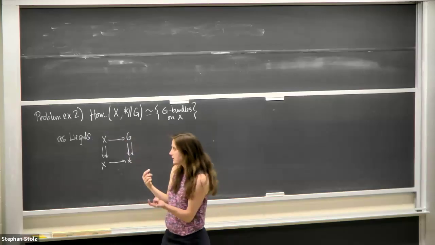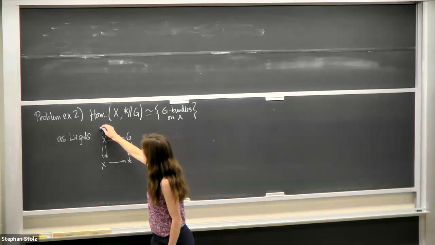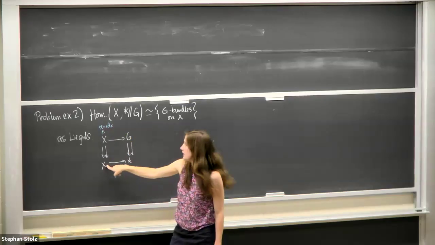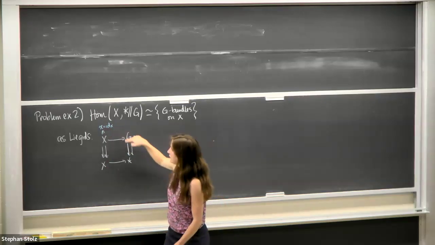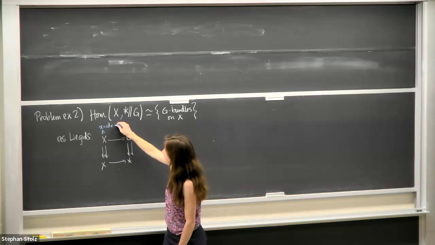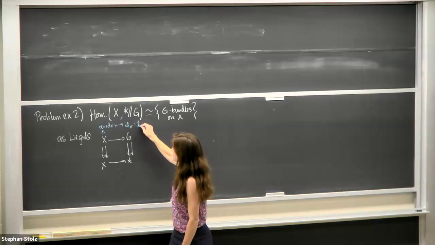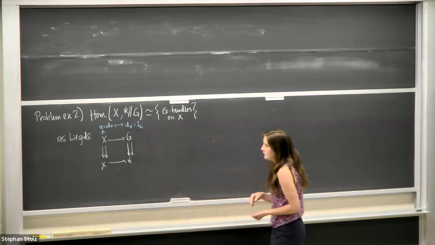That's how you're thinking of X as a Lie groupoid. So if I have a point in X, I really want to think about it as the identity over X, and for this whole package to be a smooth functor, that has to be sent to the identity of the point, which is just the unit element in G.